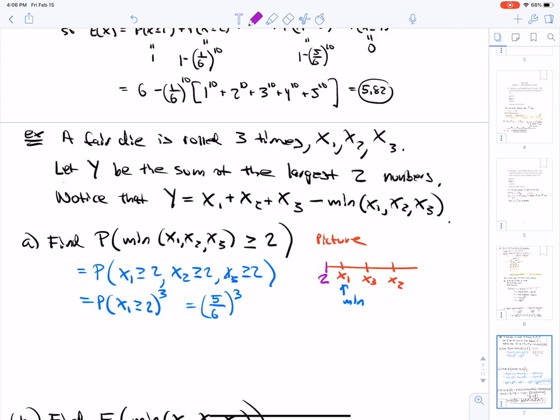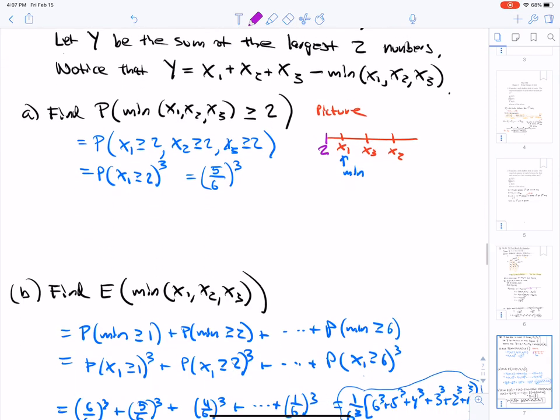And to find the expectation of the minimum, we're going to use tail sums. For example, the probability that the minimum of x1, x2, x3 is greater than or equal to 2, you can calculate that and show that it's 5/6 to the third power.